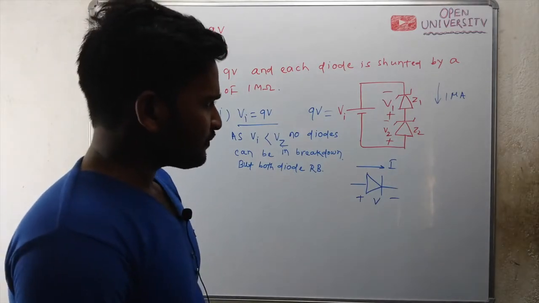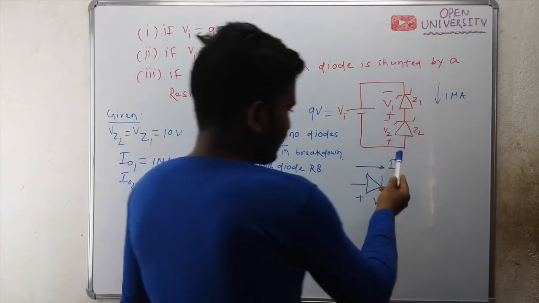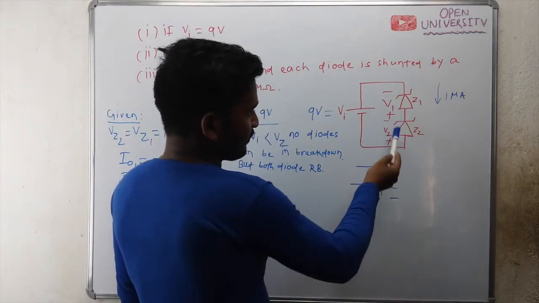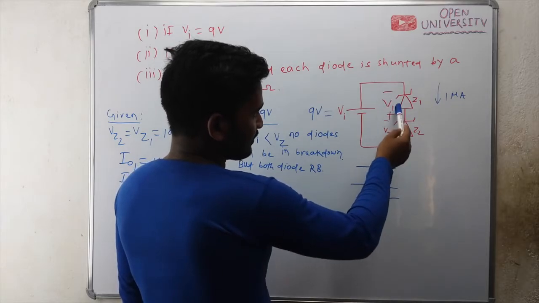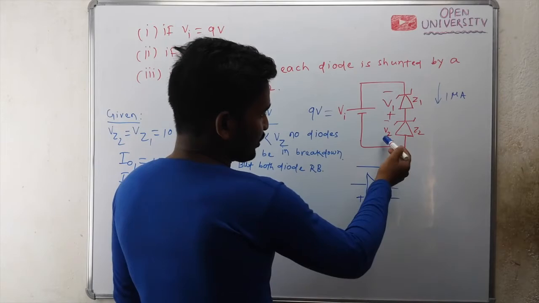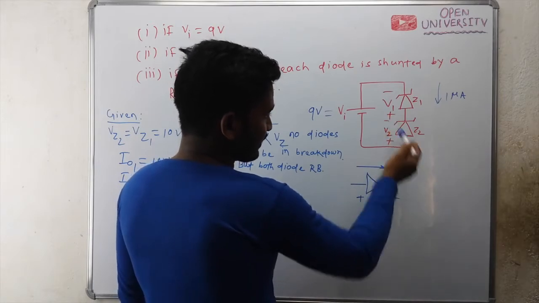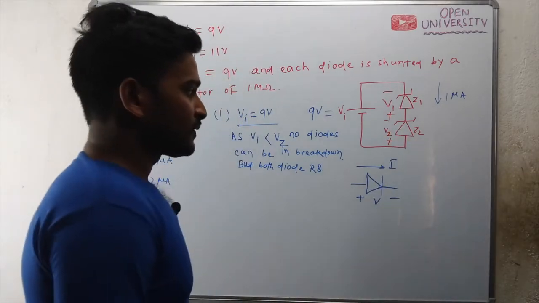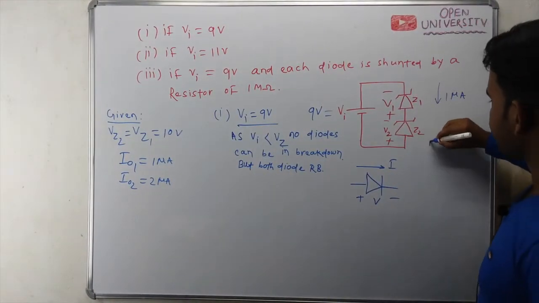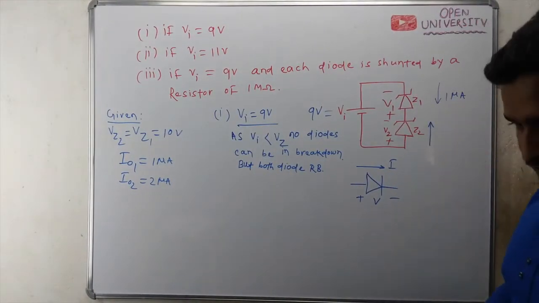Now I am denoting this way: V1 is positive towards this side and negative towards this side, V2 is positive towards this side and negative towards this side, and the direction of the forward current is in this direction.